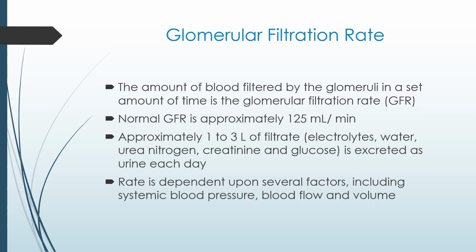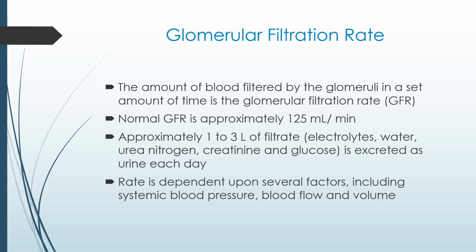And here we are looking at the glomerular filtration rate, the GFR, and this is the amount of blood that is filtered in a set amount of time. A normal GFR is approximately 125 milliliters per minute.